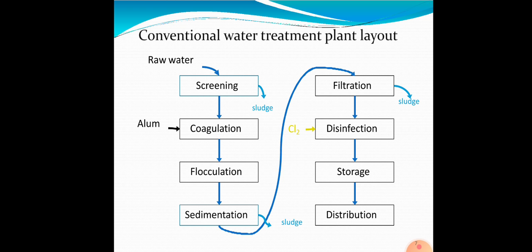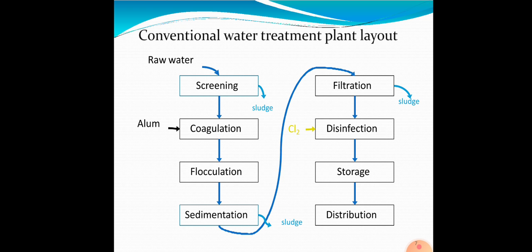So coming to screening, screening is mainly adopted to remove the floating matter from the surface water. Suppose we are collecting water from a lake or a river for public supply. We know that this surface water may contain some floating objects in it, like paper, dried leaves, or whatever it is. So the process of removing the floating matter that is present in water, we call it screening.